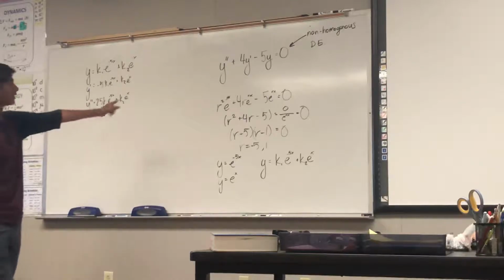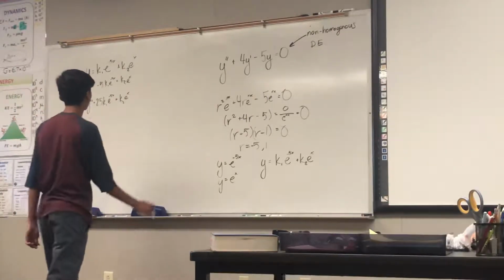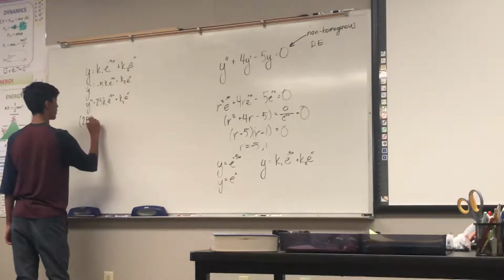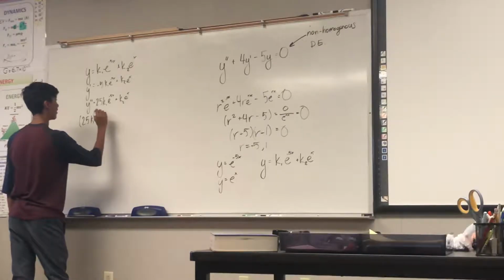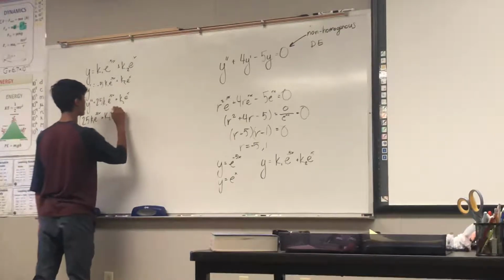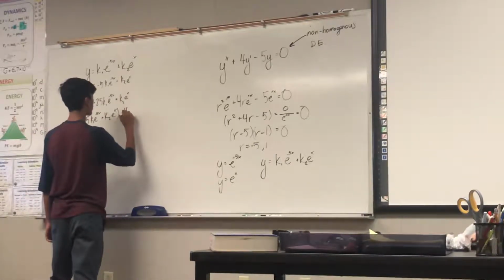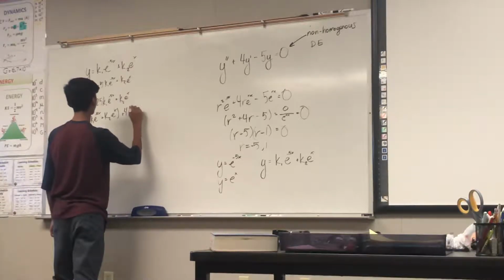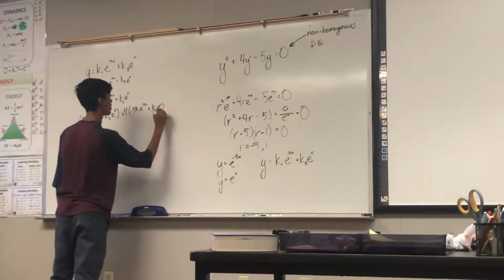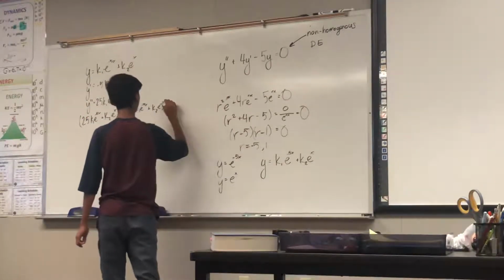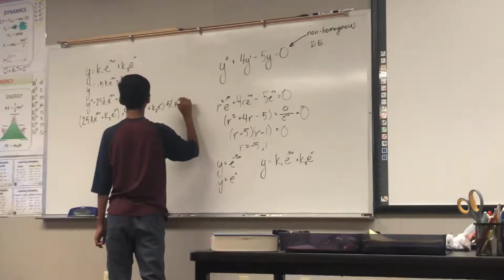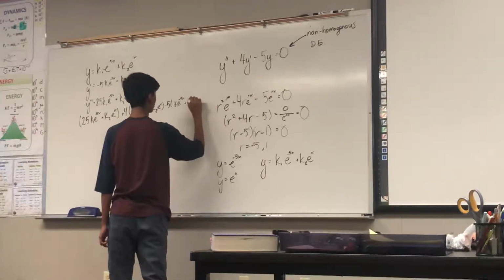And if you plug those back into this equation, you'd be left with 25 k1 e to the negative 5x plus k2 e to the x, plus 4 times y prime, which is negative 5 k1 e to the negative 5x plus k2 e to the x, and then the last term plus 5 times y, which is k1 e to the negative 5x plus k2 e to the x.